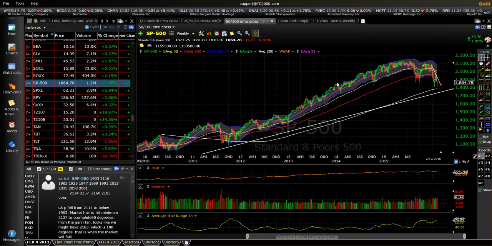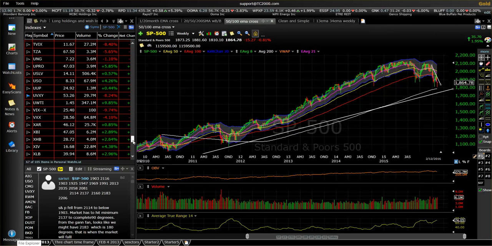So in this market climate, it's significantly more difficult to take long biased trades. This is more of a market for short sellers or bearish ETFs. If you don't want to take shorts, you don't have to take shorts. You can just buy bearish ETFs.